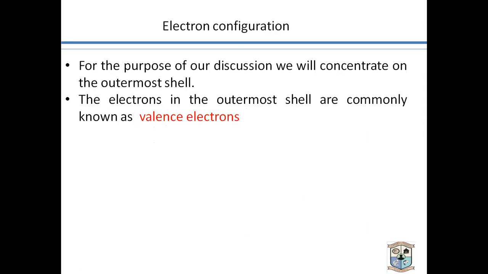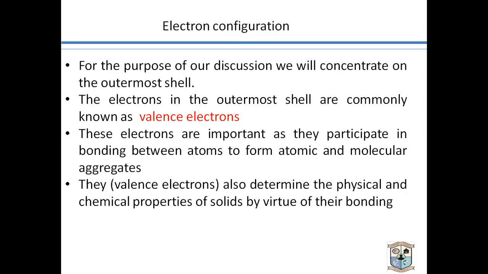For the purpose of our discussion, we'll concentrate on the outermost shell. The electrons in the outermost shell are commonly known as valence electrons. For example, copper, we know it's copper +2. The +2 is depicting the number of electrons in its outermost shell. That's one example.